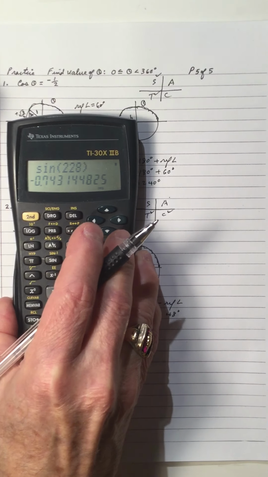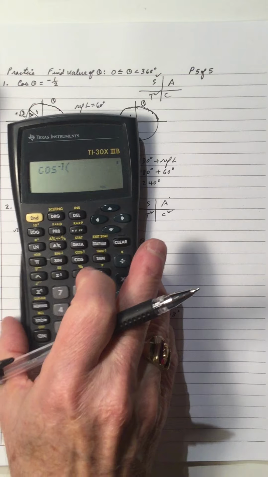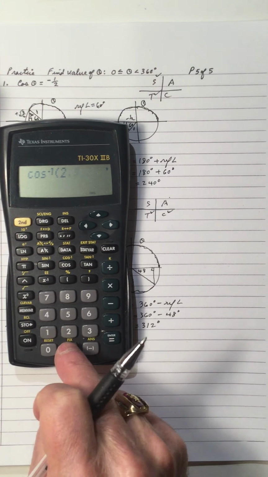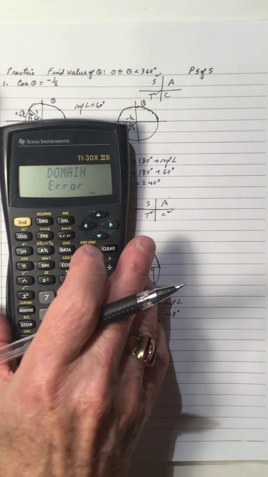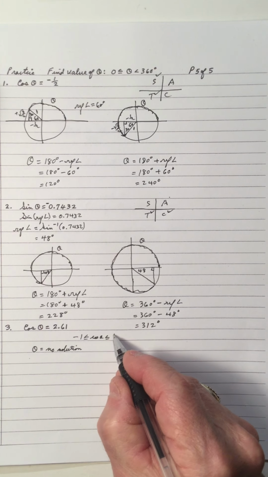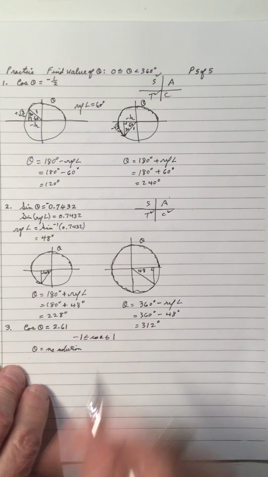And let's use the calculator. Let's use inverse cos of 2.61. Let's see what happens. Error, because it doesn't exist. On the unit circle, the highest value is 1 and the smallest value is negative 1 and all in between.